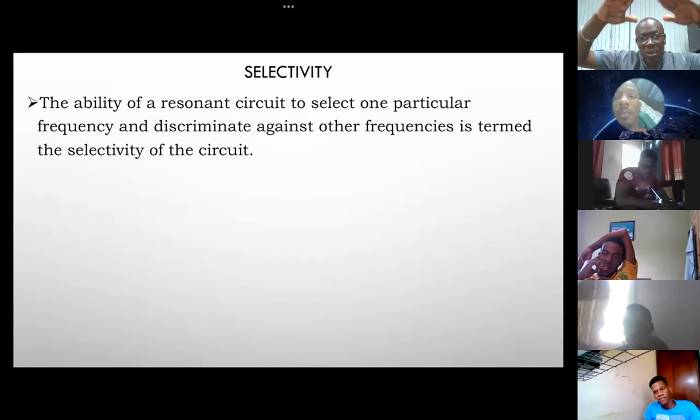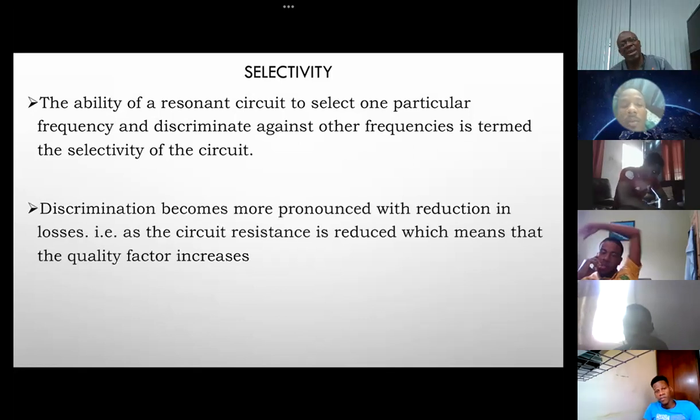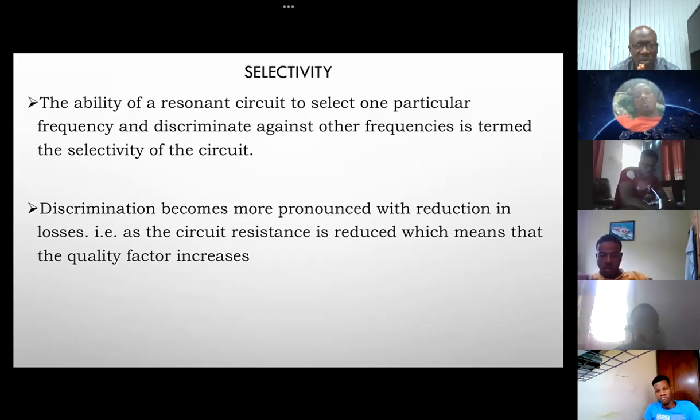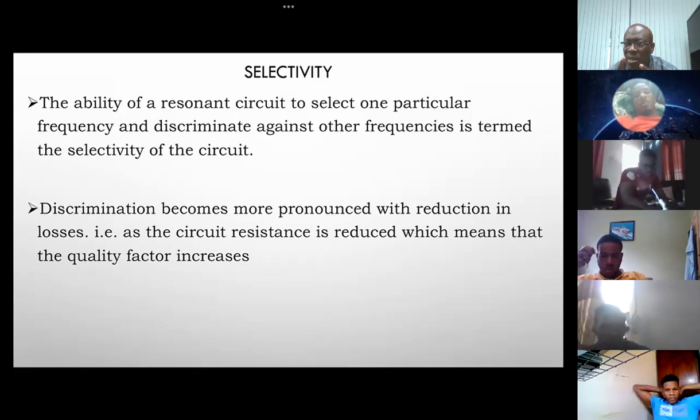So their curve would then flatten. Now I'm saying all of this because the next things I'm going to show you highlight the importance of selectivity. Discrimination becomes more pronounced with reduction in losses.